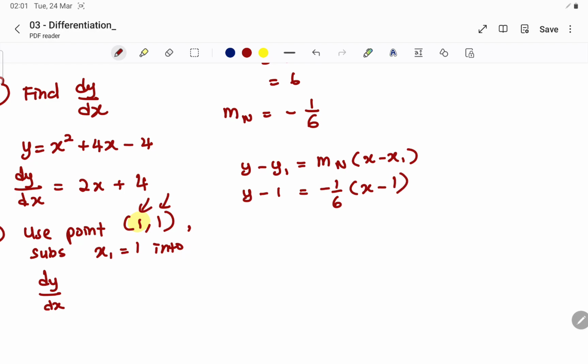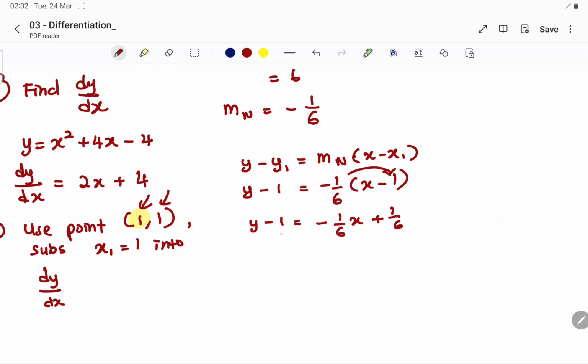Okay, what you have to do here is expand. y minus 1 equals negative 1 over 6 multiplied by x, and then negative 1 over 6 multiplied by negative 1 becomes positive 1 over 6.